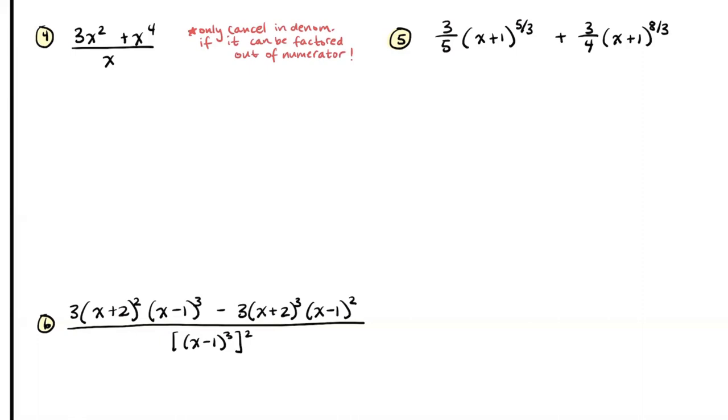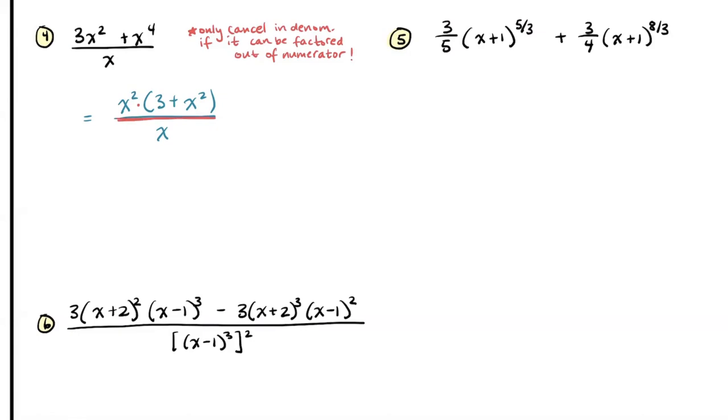So in the numerator, we're going to factor this. In the bottom, there's nothing to do with the factoring. The x is just x. But in the numerator, we can actually factor out a greatest common factor of x squared. And when we do that, we're going to be left with 3 plus x squared. Now here we have multiply, and then we have divide, and these are indeed opposite operations.